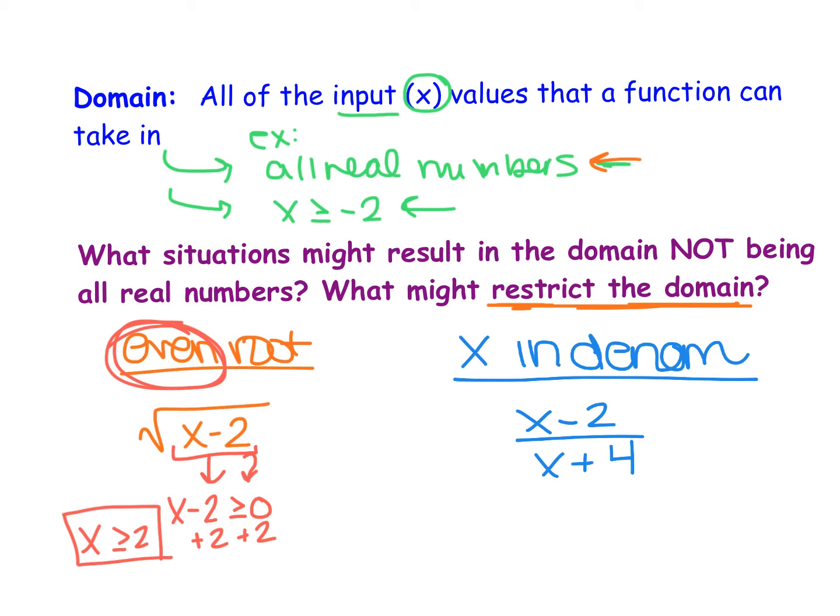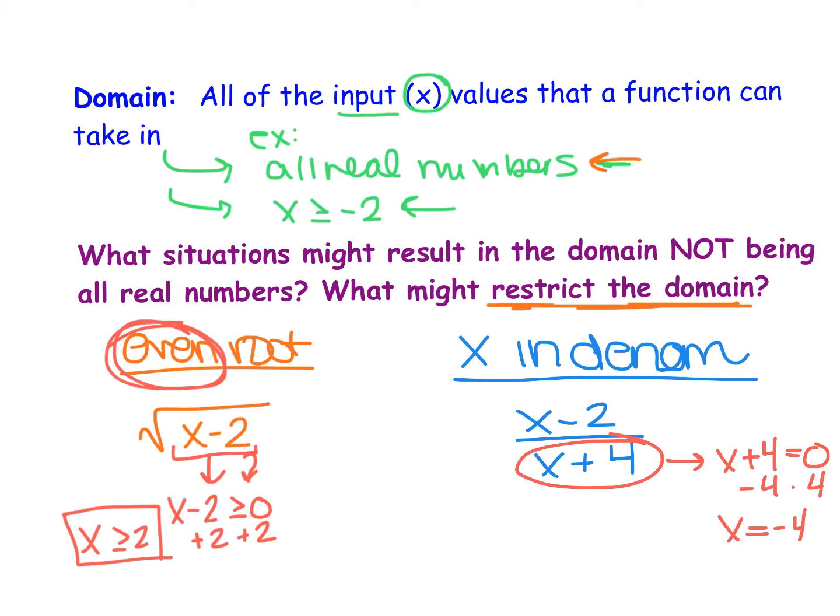What we know about fractions is that the denominator of a fraction can never be equal to 0. It can be positive, it can be negative, but the denominator here can never equal 0. So we're going to figure out what value of x makes the denominator equal 0, because that's the only domain value that we can't use. If we solve this little mini equation, we find x is equal to -4.